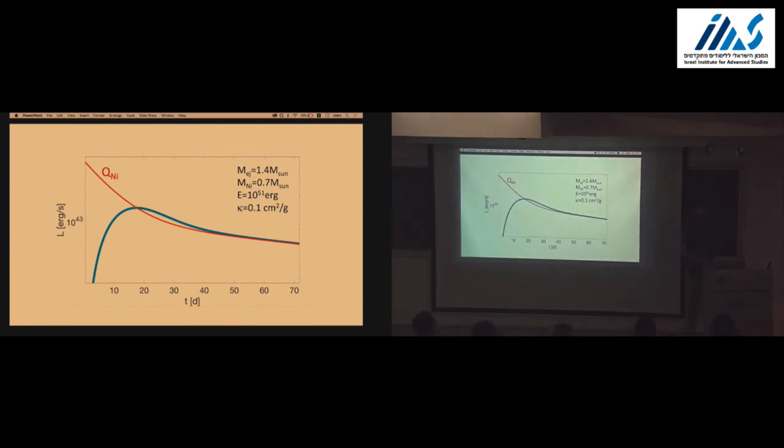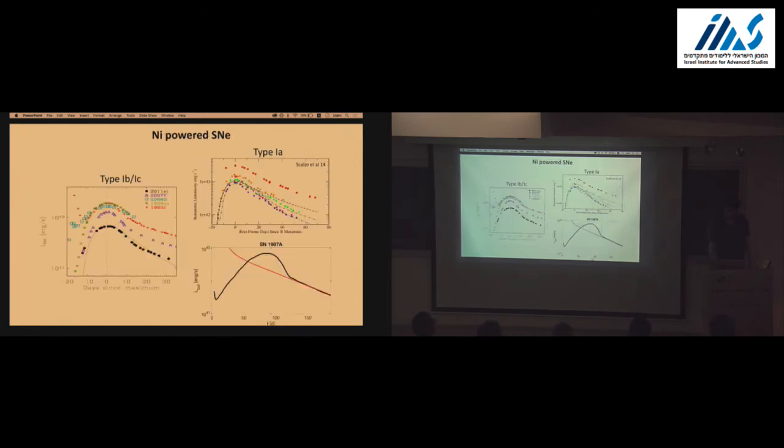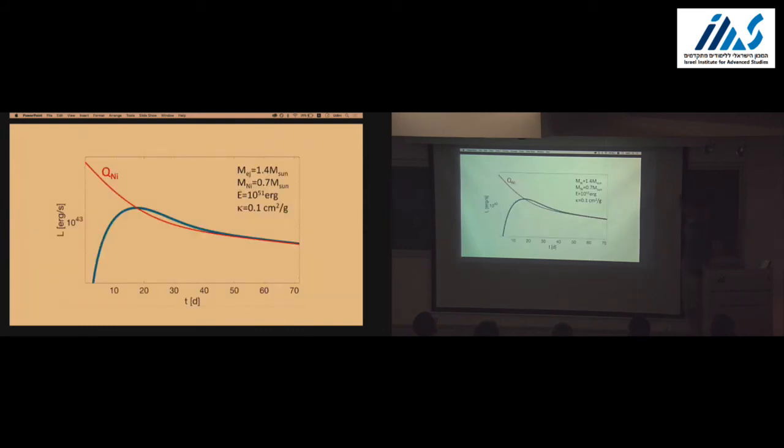If we look at type 1s, around 10^43 ergs, explosion was somewhere here, 15 days.